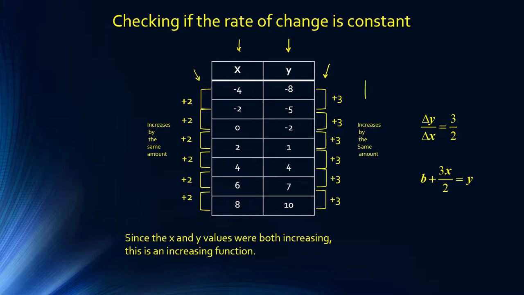The point here is on both sides of this table, the values increase by the same amount all the way through. That's true on both the y side and the x side of the table.